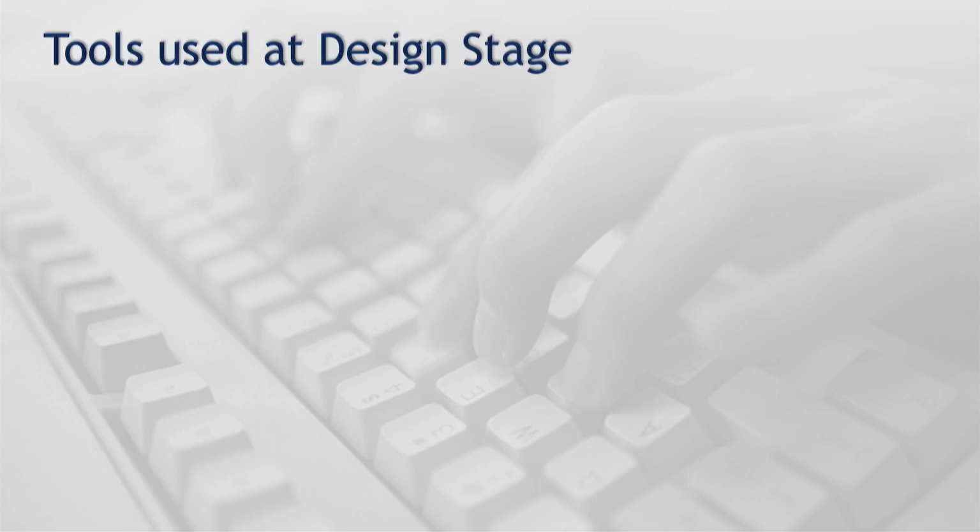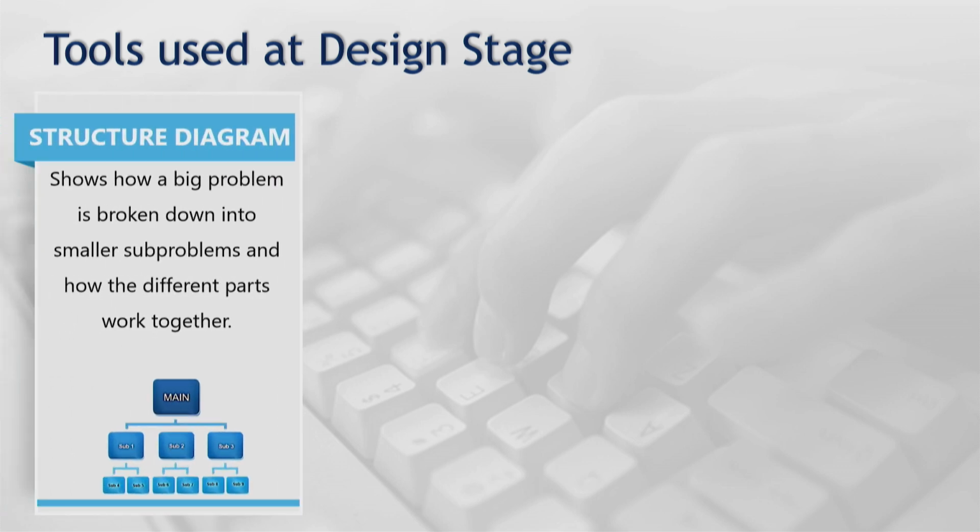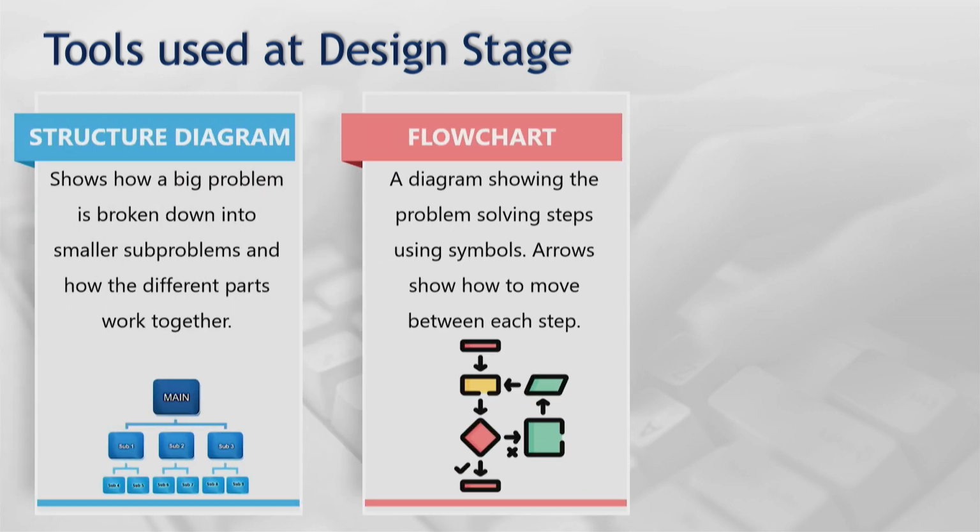Three new tools are used during the design stage. These are structure diagrams. Structure diagrams are used to show how a big problem is broken down into smaller sub-problems and how the different parts work together. Secondly, we have flowcharts.